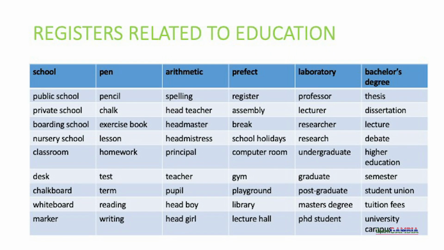Okay, good. Now, here are some examples of registers that are related to education. Okay, now when talking about education, there are some words which are very important or that need to be known. For example, we have school, okay? School. Now we have what we call public school, and we have private school, you have boarding school, you have nursery school, okay?